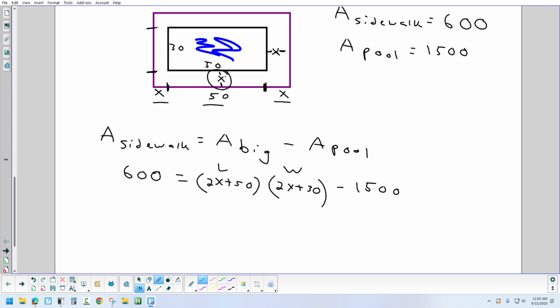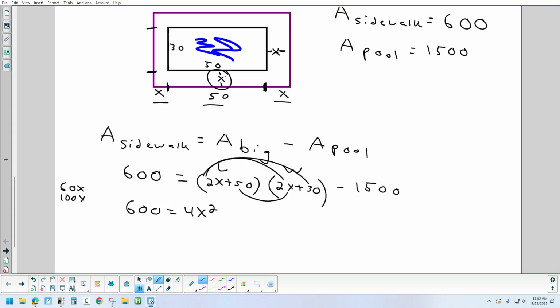Okay, so with the parentheses, we have to distribute. 2x times 2x is going to give me how much? 4x squared. What about 2x times 30? 60x. Yep, and I'm going to put that off to the side because I'm going to combine it with 50 times 2x, which is 100x.